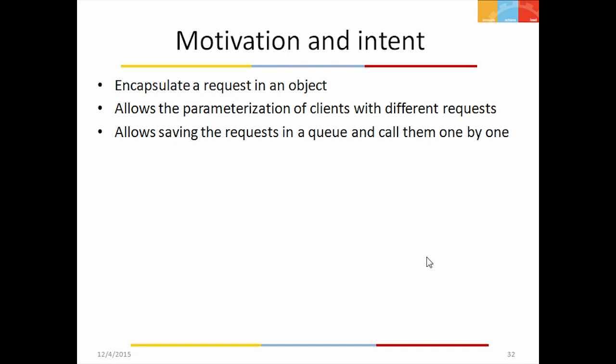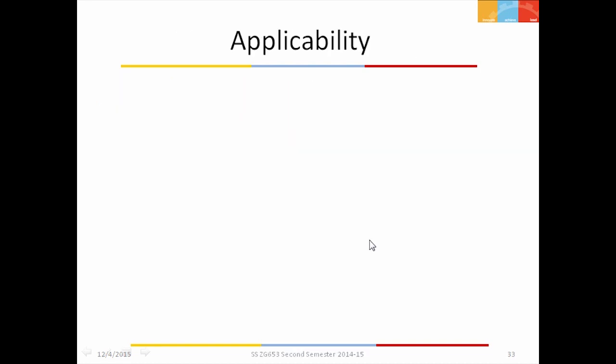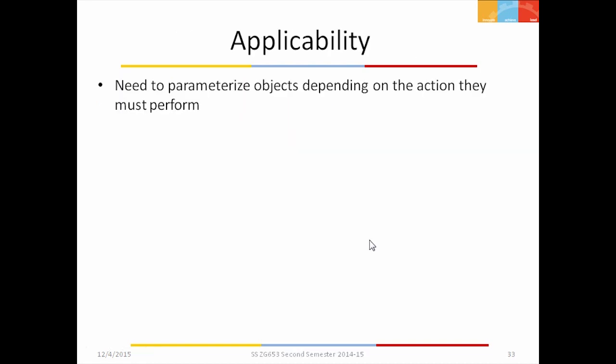It may also be necessary that requests are given to a server and the server is not able to process a request, but it can basically keep the request in a queue and then process them one by one. So these are the motivational scenarios. So let's look at the applicability.